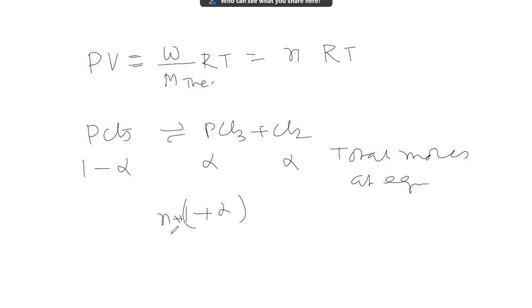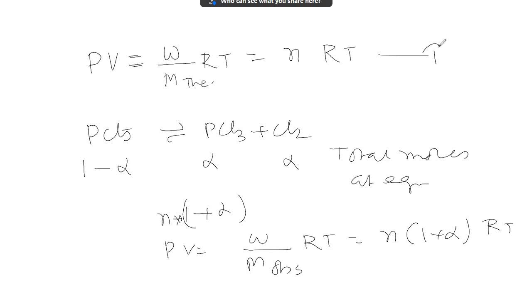Observed moles are n into 1 plus alpha. So PV is equal to W, and mass cannot be changed, M observed into RT is equal to n into 1 plus alpha into RT. Is it clear? Mass doesn't change, but molar mass changes. So writing these equations, W by M theoretical RT is equal to nRT, and W by M observed RT is equal to n into 1 plus alpha into RT.